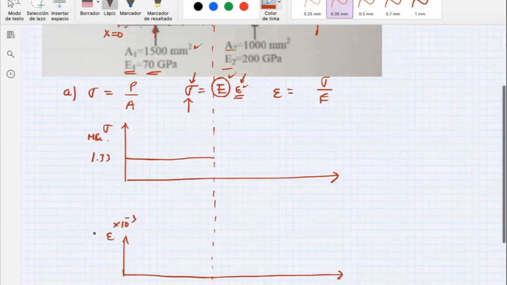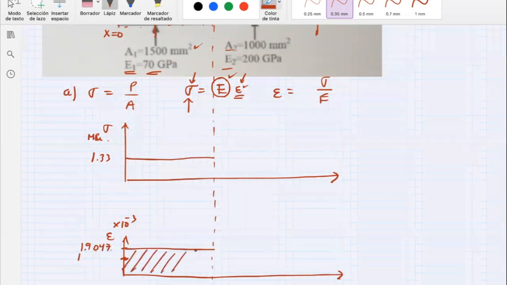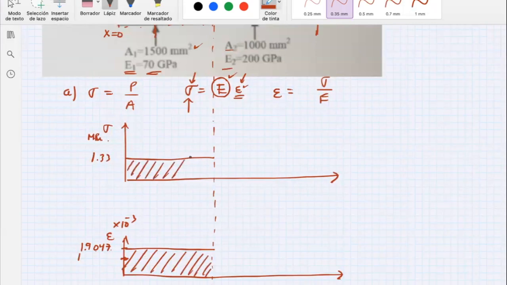So I don't need to put a lot of numbers. This one is going to be 1.9047, and it is going to be constant till I get to the other part of the rod.